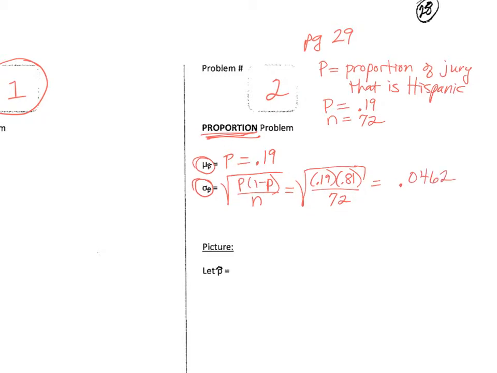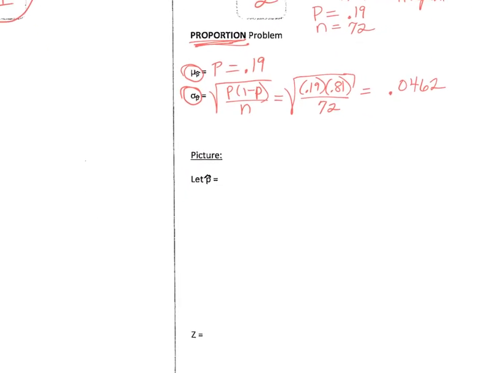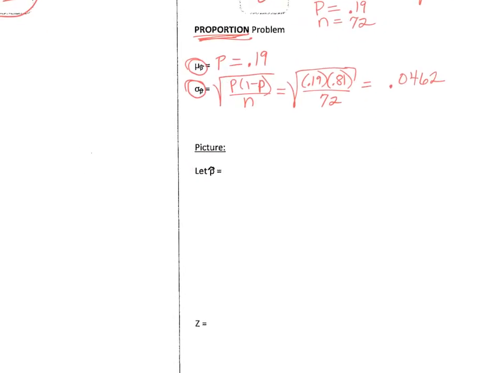Okay. And so then, what is a p-hat standing for in this problem? Yeah, your sample proportion of the jury that is Hispanic.